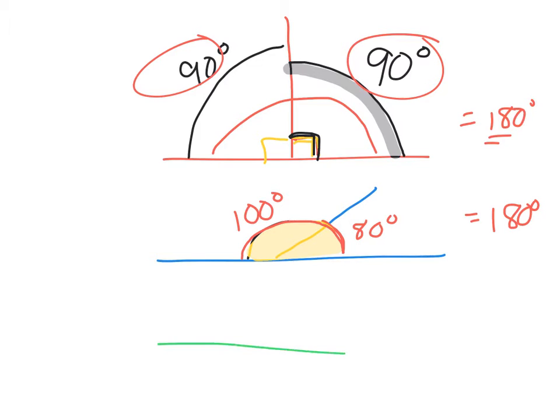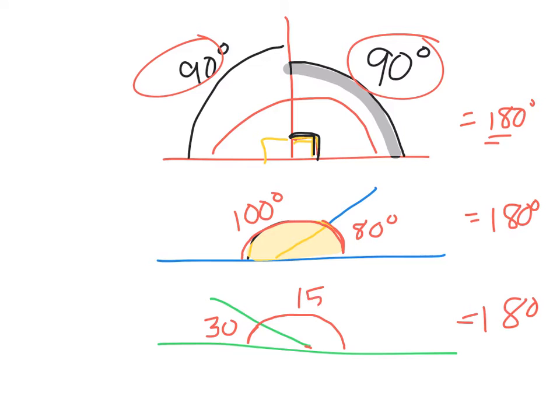Sometimes you'll get an angle like this, going this way. And let's say this one is 30 degrees. If this is 30 degrees right here, then all the way over here has to equal 180.